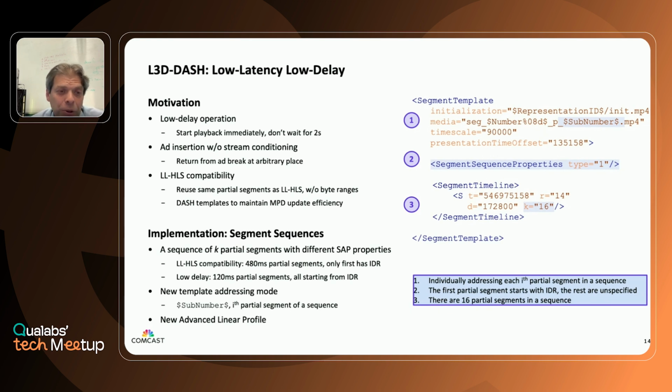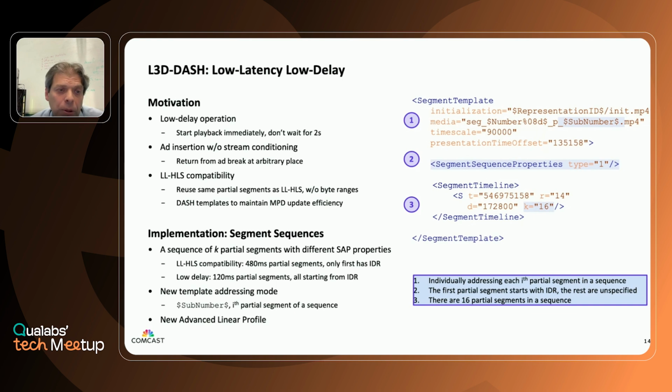Also, practice shows that the latency when you use partial segments is a little bit lower, probably because nothing within the browser, for instance, knows that an HTTP chunk in low latency HLS has some meaning, and probably the end of a CMF chunk can still stay in some buffer and add delay.